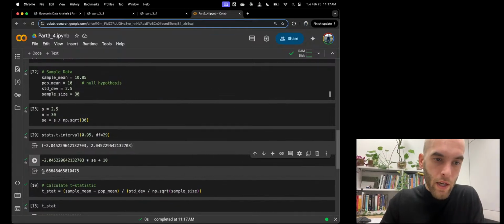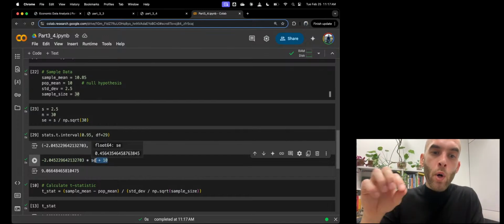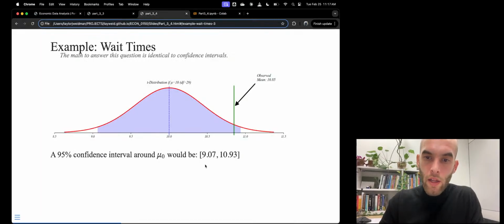This gives us how many standard errors gives us the 95% confidence interval. Then we multiply by the size of the standard error, and then we subtract that margin from 10.